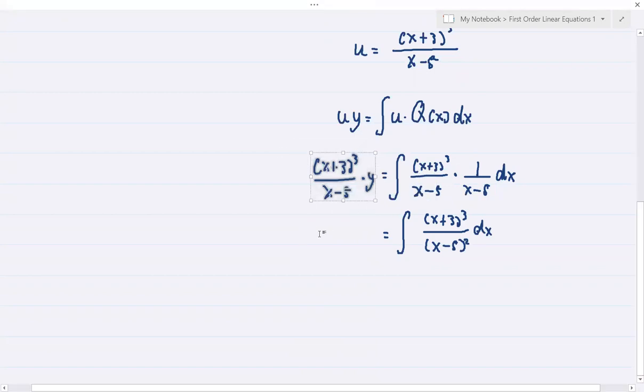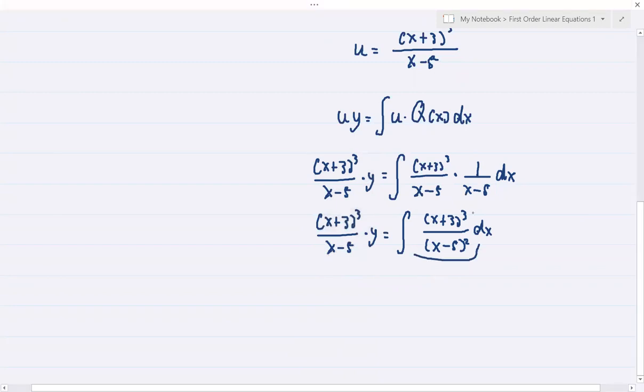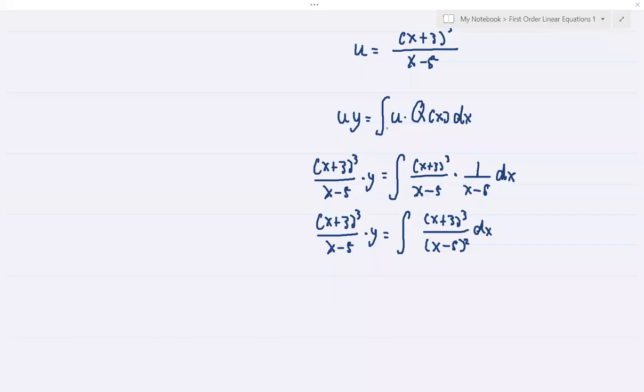So what are we going to do here? Obviously, we're going to get the integral for this one. How can we get the integral for this one? First, you need to simplify it. Then after you simplify it, we're going to apply partial fraction. So let's try to do it with long division.